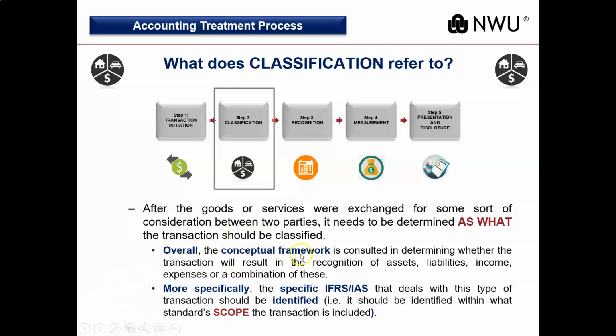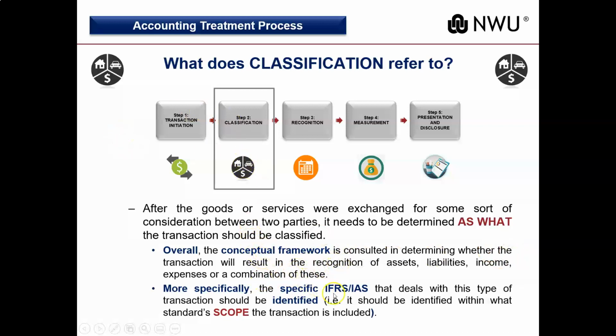So very important, we're using the conceptual framework to see what type of transaction we have entered into, so to classify the transaction. And then we're also going to use certain rules and regulations. When can we recognize an asset, liability, income, or expense, or a combination of that in our financial statements?